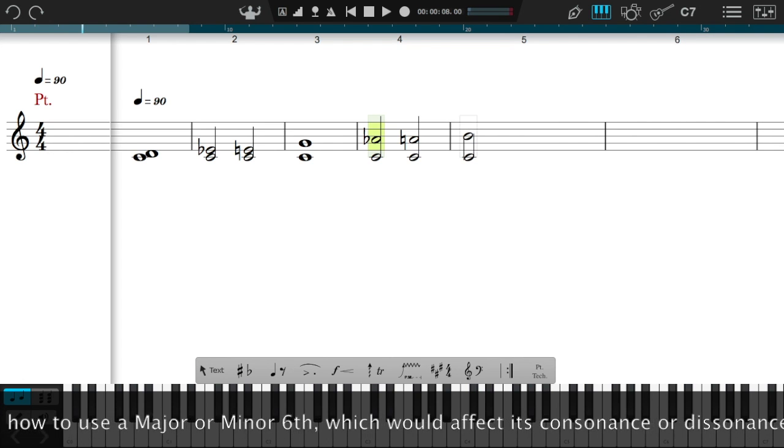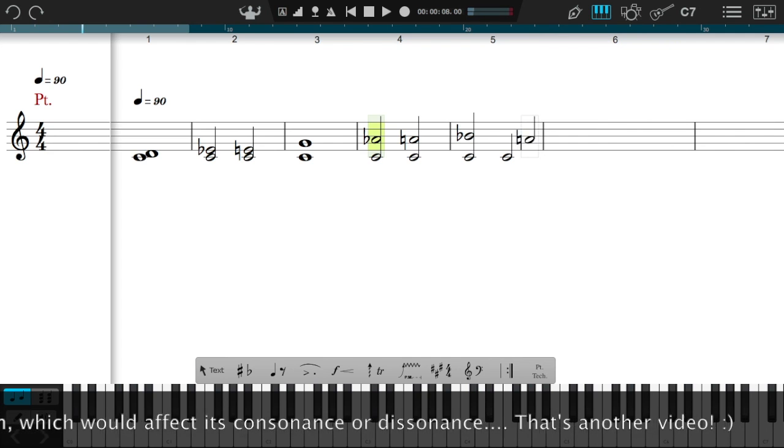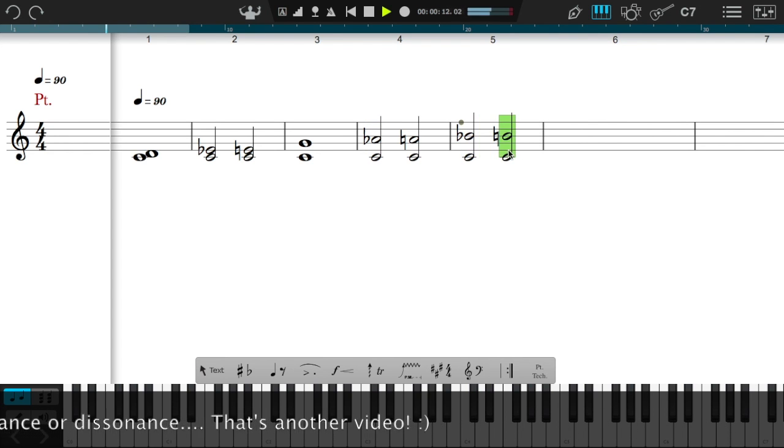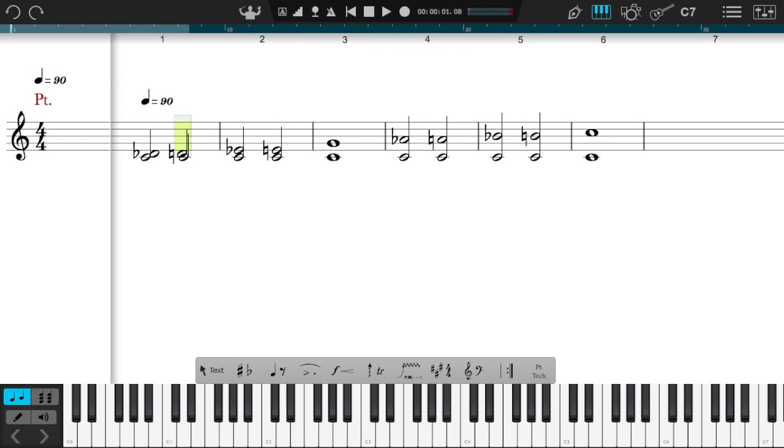So the minor seventh would be slightly squishier, stacked up. Here's the major seventh. Very clashy. The seventh was dissonant. And then last but not least, the perfect octave. A perfect consonance. And then our major second. Both are pretty clashy. So again, that was the dissonance.